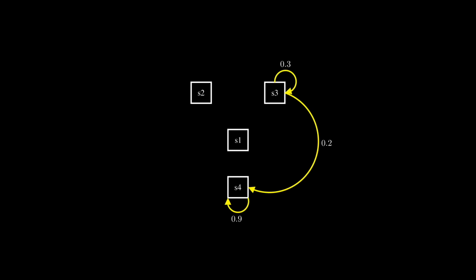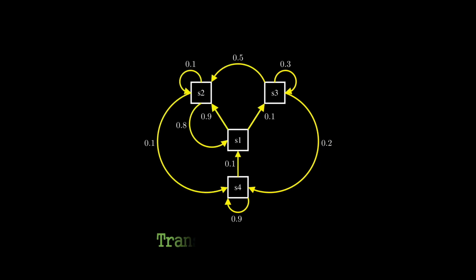To indicate the possible transitions, we use arrows from one state to another state. Here we see that the probability that you will stay in state 4 is 90%. Probability that you will move from S3 to S4 is 20%. Probability that you will stay in state 3 is 30%. And here is the complete transition diagram.